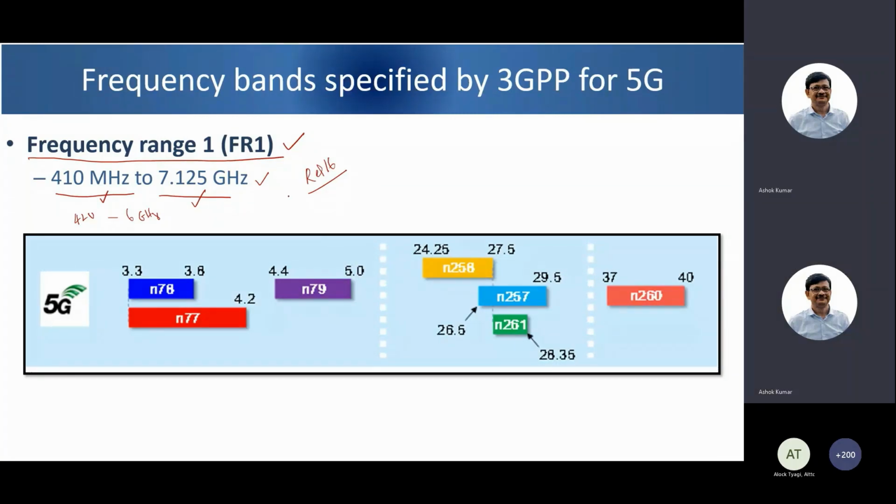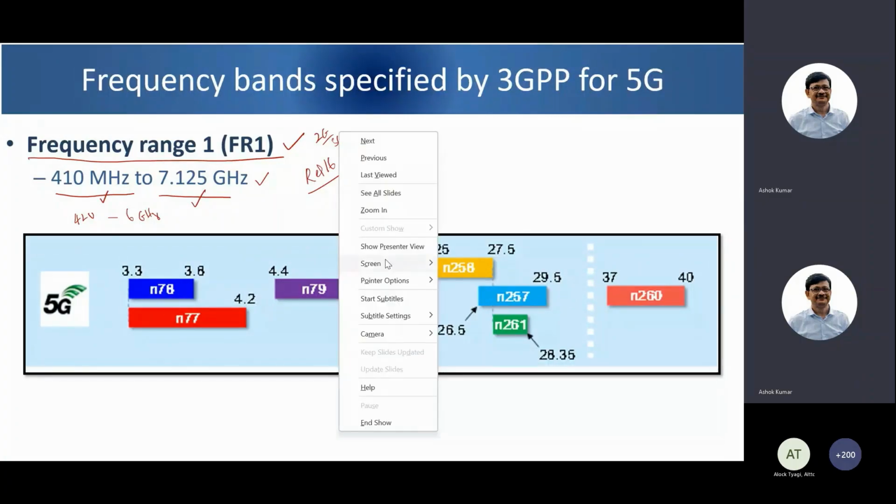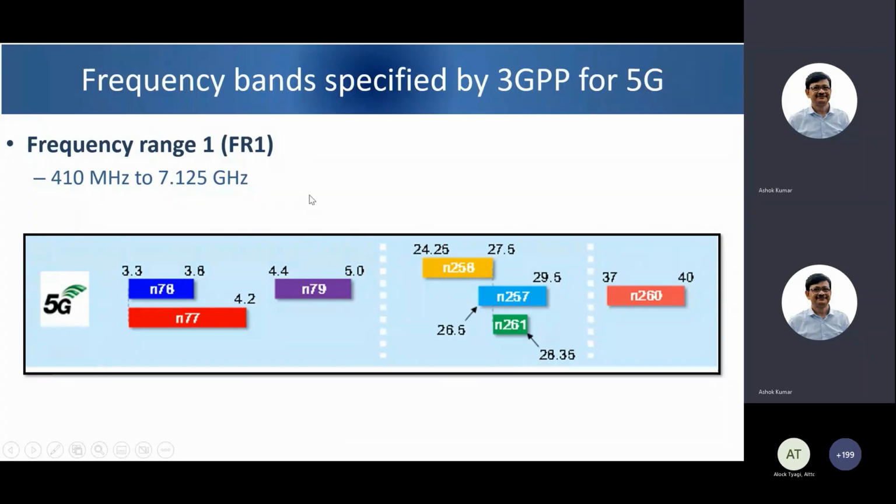So that means all the frequency bands which 2G, 3G, 4G were using are definitely used for 5G. In addition, certain new bands were also identified in frequency range 1. So what were those frequency bands?